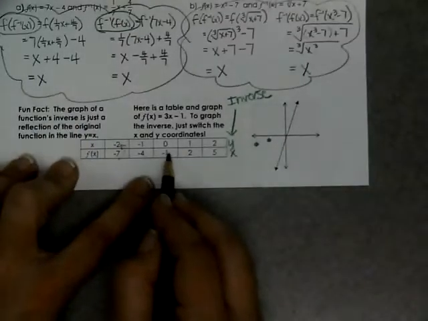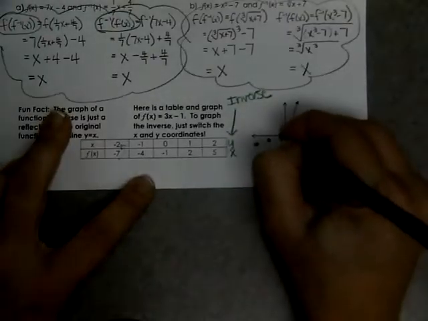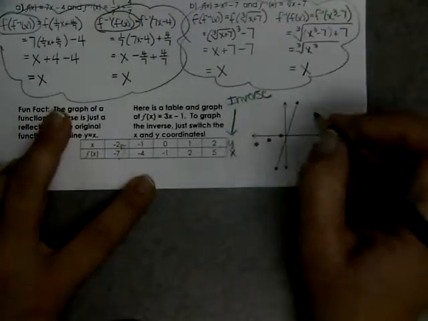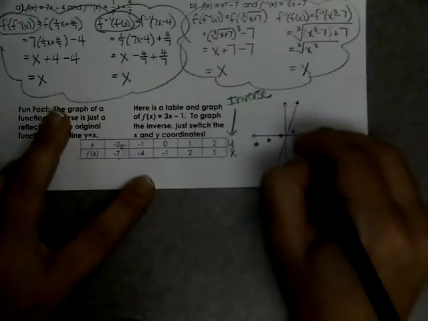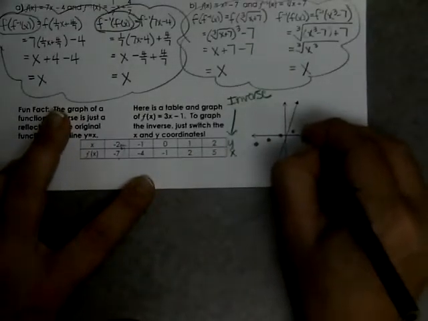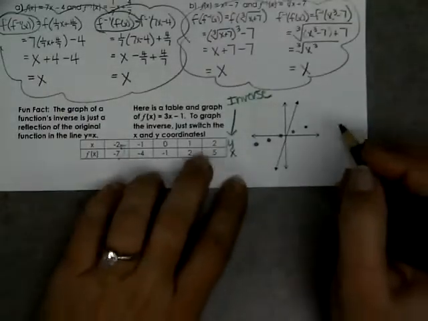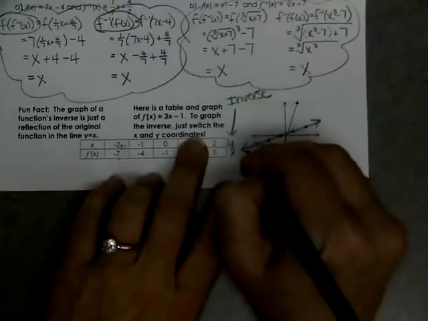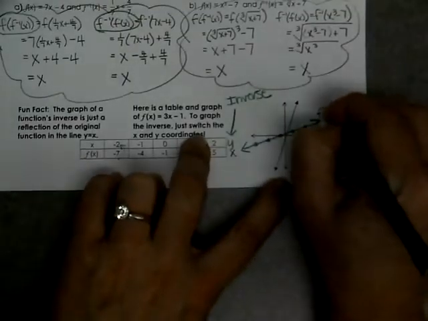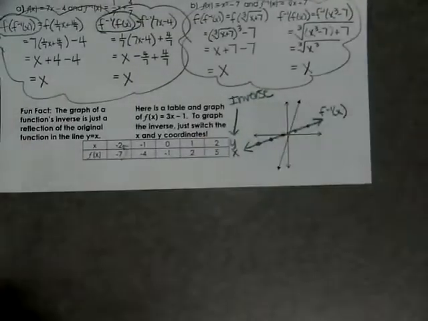Then I would plot negative 1, 0. 2, 1, and then 5, 2. And so this would be the graph of my inverse, f inverse of x.